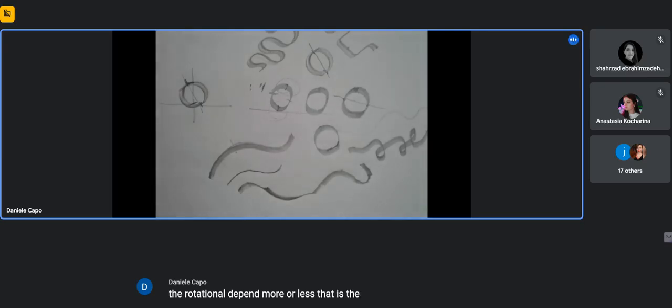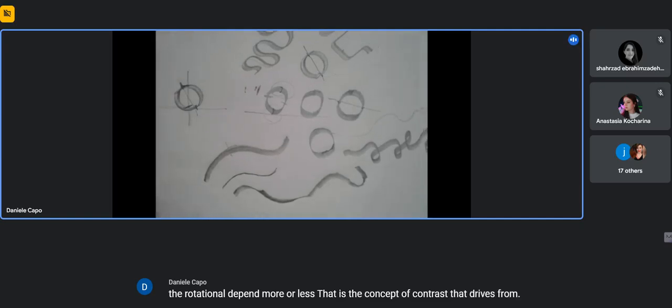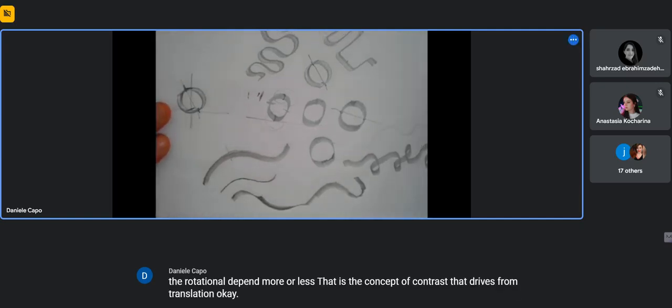That is the concept of contrast that derives from translation.